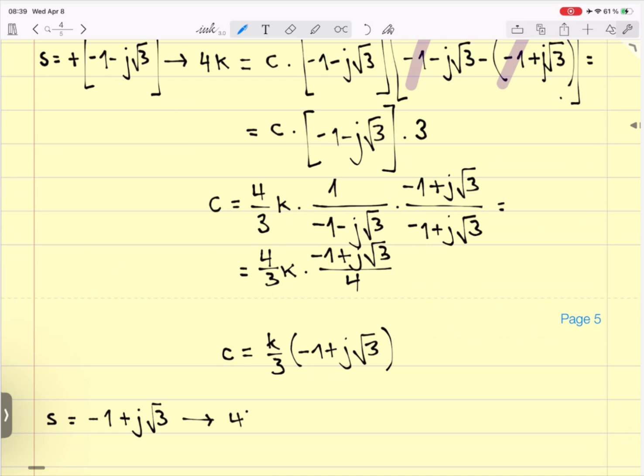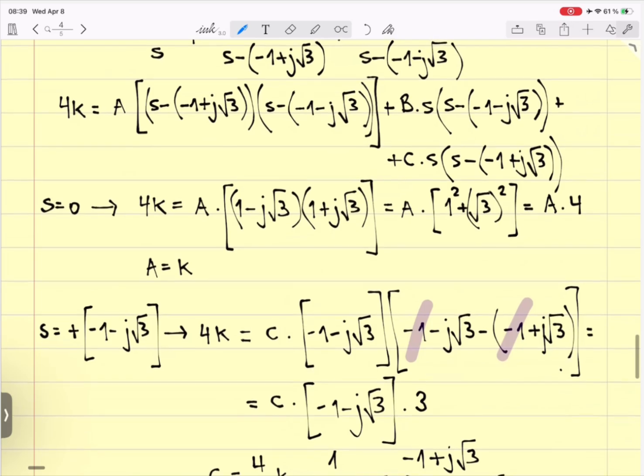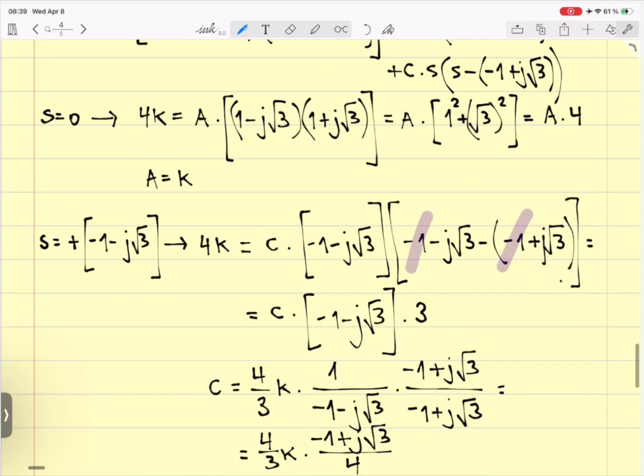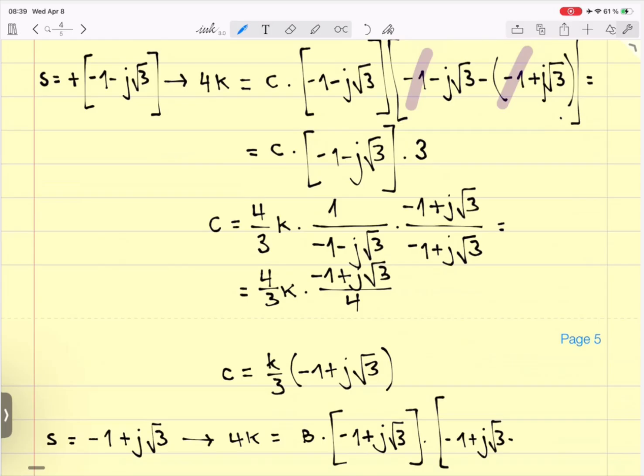So 4k equals b times (minus 1 plus j square root of 3) times (minus 1 plus j square root of 3 minus minus 1 minus j square root of 3).